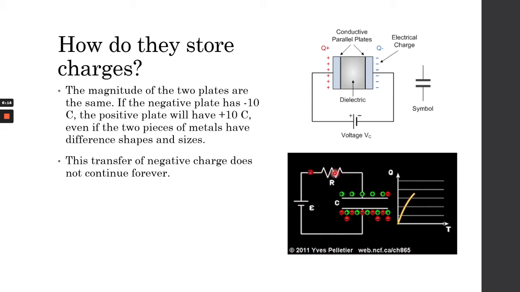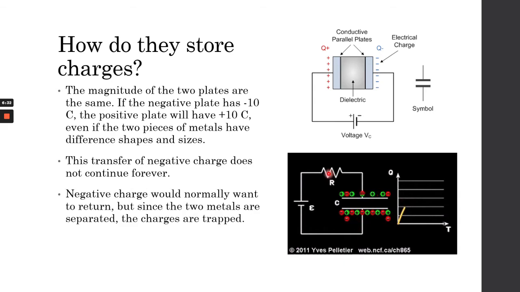There will come a point that this negative charge will be equally attracted to this positive plate and to the positive terminal of your battery. And when it's equally attracted, it stays there. It doesn't move anymore. And when it doesn't move, the transfer of electrons basically stops. All the charges that have moved will stay there. So meaning, even if you remove this battery, the positive charge and the negative charge will stay where they are.